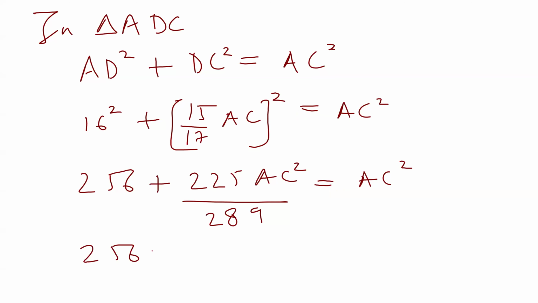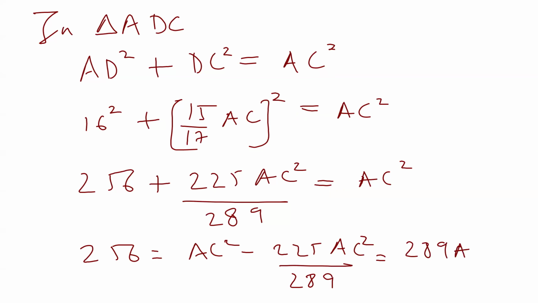So 256 is equal to AC square minus 225 AC square upon 289. Take LCM: 289 AC square minus 225 AC square, so that is 64 AC square upon 289.